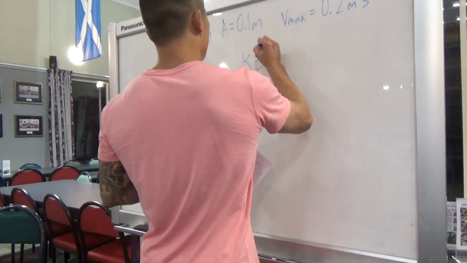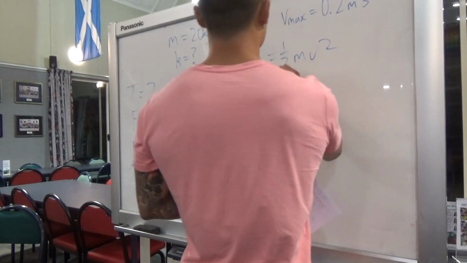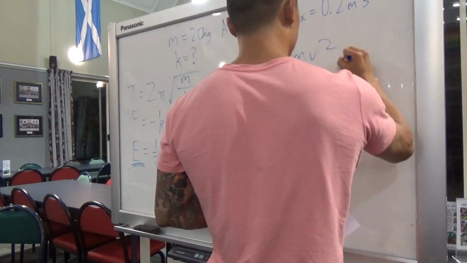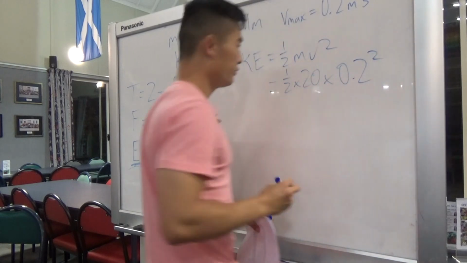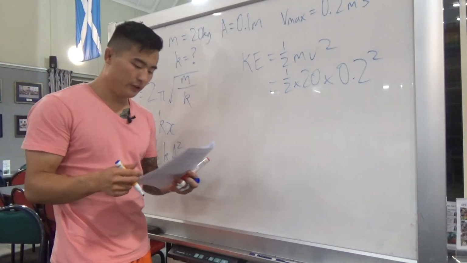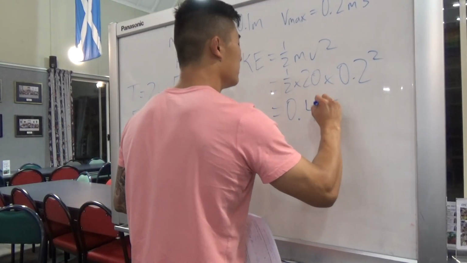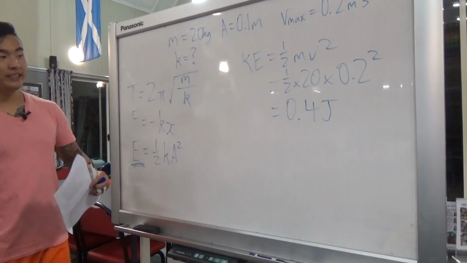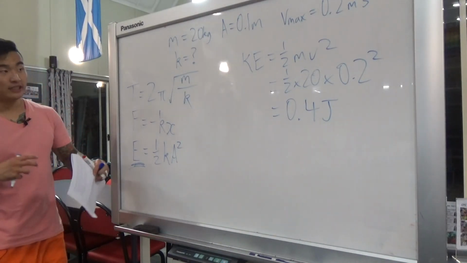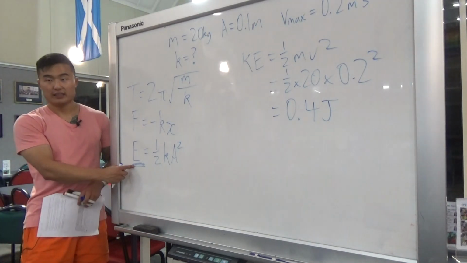Kinetic energy is half mv squared, so half times 20 times 0.2 squared. That's going to give you 0.4 joules. That's the kinetic energy of the monkey at its maximum velocity, and that's equal to the potential energy stored in the spring.